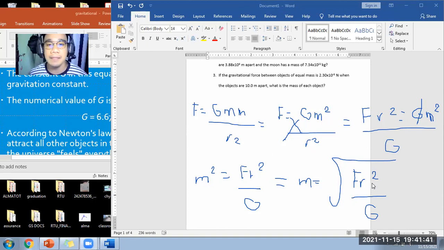So F natin is 2.30 times 10 to the negative 8 times mo siya sa 10 squared, di-divide siya sa 6.67 times 10 raised to negative 11. So what will be the final answer?